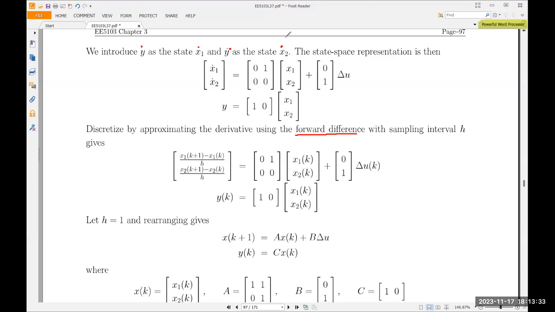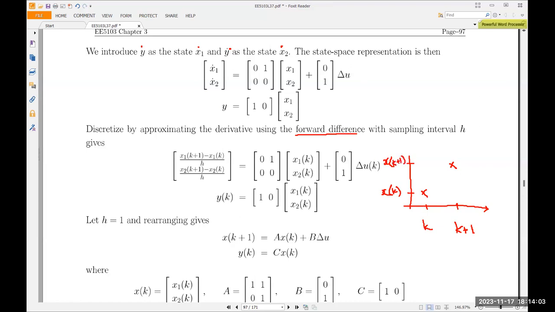So if it is in discrete time, if you have k here, then the next instant is k plus 1. Then if here is xk, then at this point is xk plus 1.